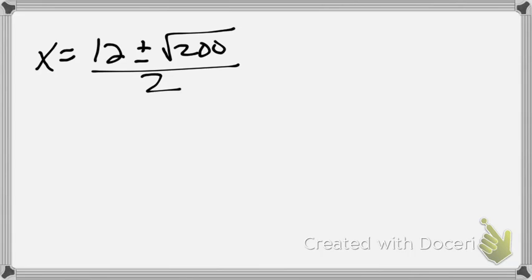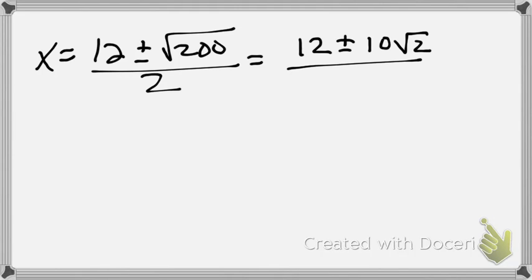It was x equals negative 12 plus or minus square root of 200 over 2. Okay. So when you do the square root of 200, is that negative 12? No. 12 plus or minus, is that 10 root 2 over 2? Wait, I thought it was negative 12.